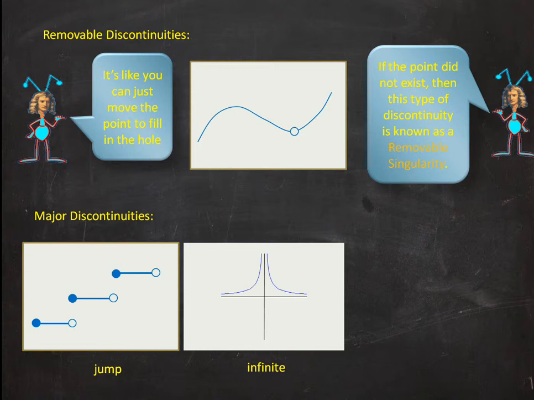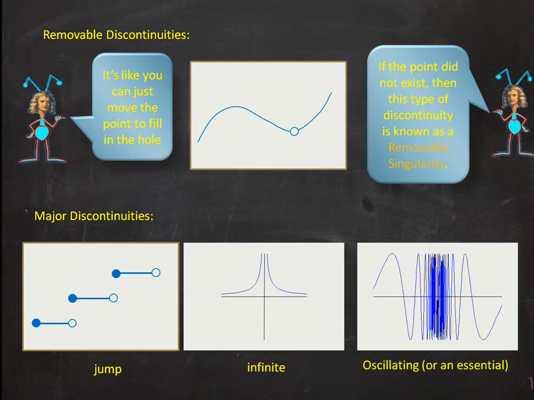And the final type of discontinuity that you may encounter, and this one's a bit more rare, is called an oscillating, or sometimes known as a type of essential discontinuity. This is where, when my graph goes to a value, in this example when it goes to x equals 0, the function is moving so rapidly up and down that the limits when I'm approaching x equals 0 from the left side and the right side don't go to the same location.